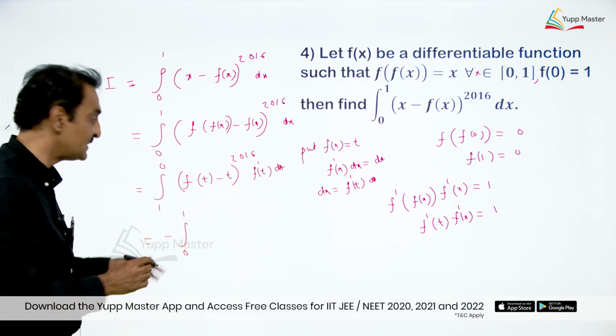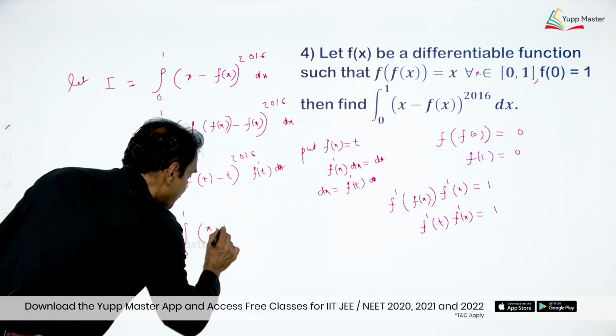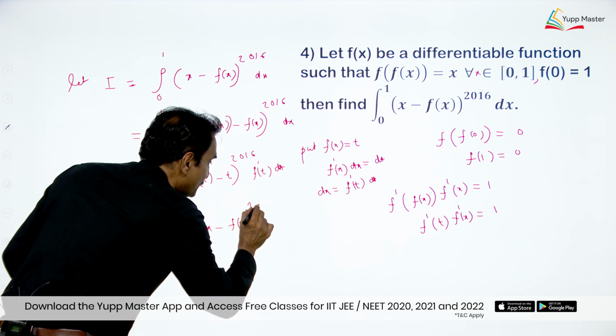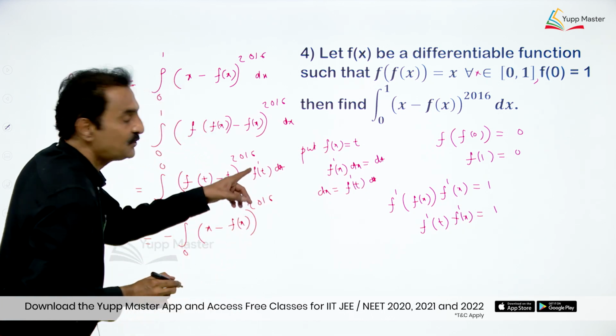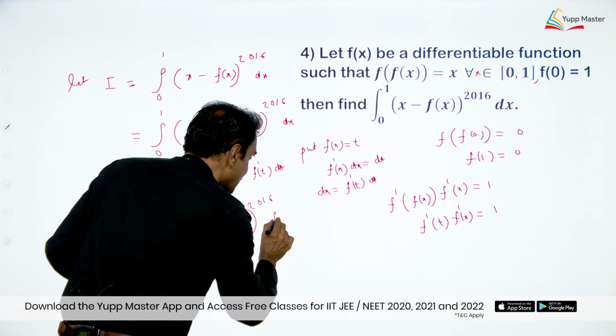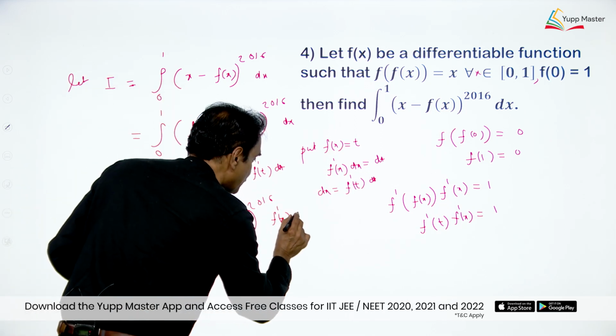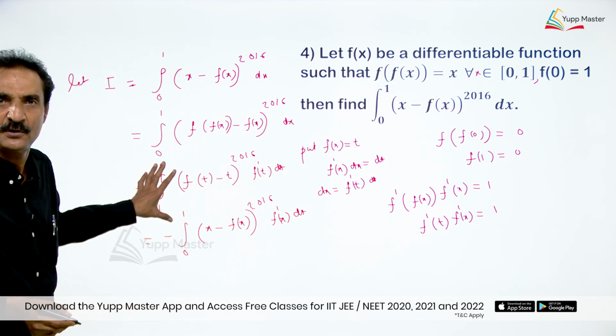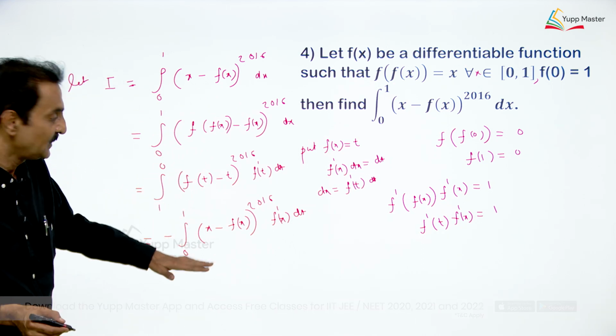We can also write it as x minus f of x whole power 2016 into f dash x dx. We can change the variable t to x without changing the limits and the function.